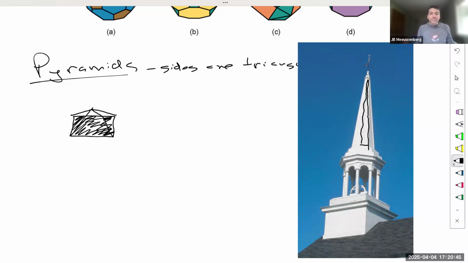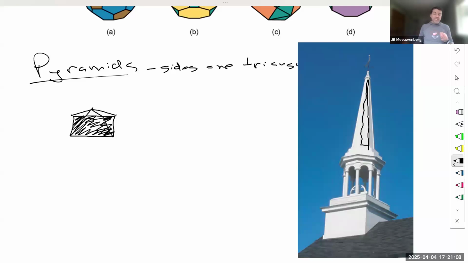And often those will be hexagonal or octagonal pyramids because they're made up of multiple, six or eight, triangles around the side. So if we could see the base of this figure, it would be a hexagon or an octagon. And so again, pyramids have to have triangular sides.